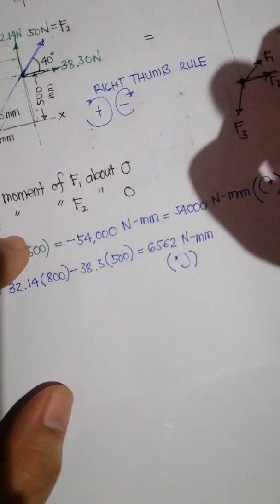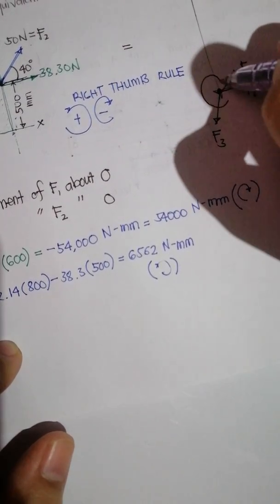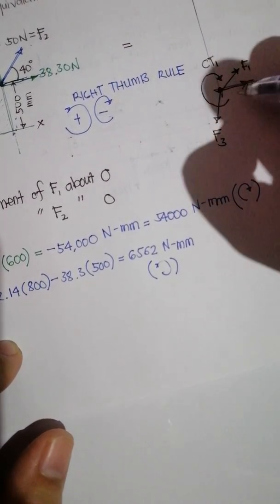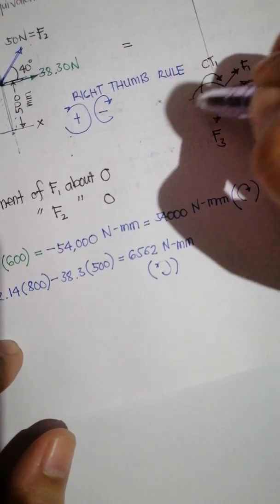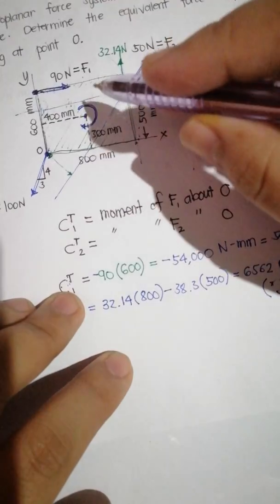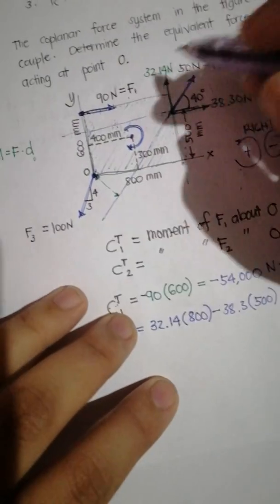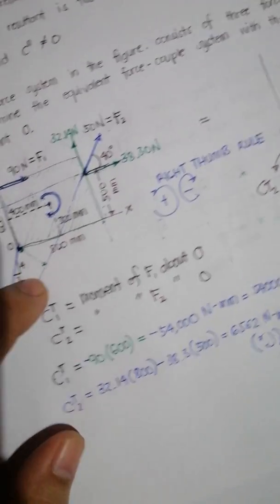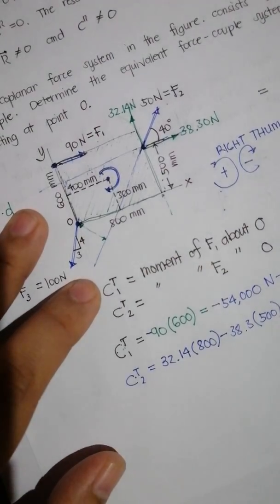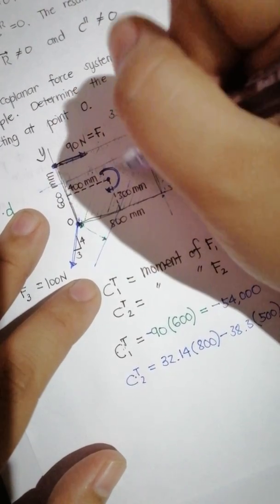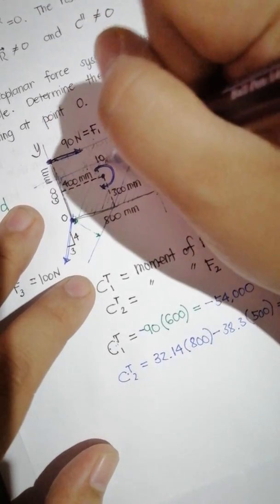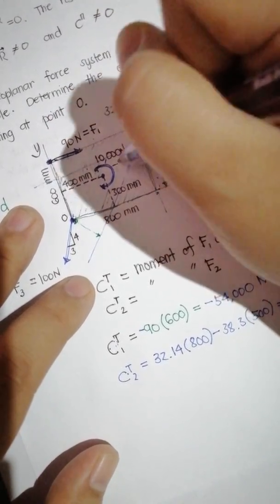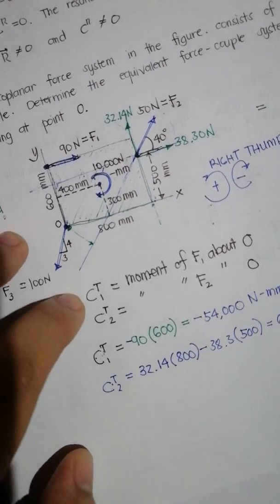Tapos, yung couple vectors, no, yung CT1 na clockwise, at saka yung CT2 na counterclockwise, at saka yung couple vector na to, by the way, wala pa pala siyang magnitude. Lalagyan natin ng magnitude. Hindi pala given. So, let's say this couple vector has a magnitude of, what if we make it 10,000 na lang? Newton mm. Ayan.